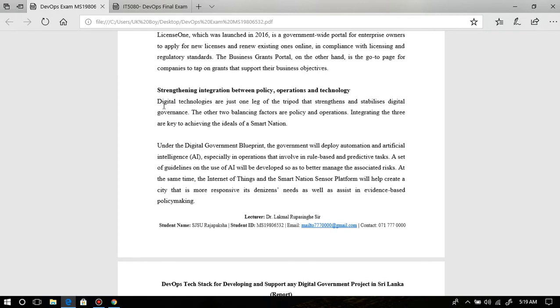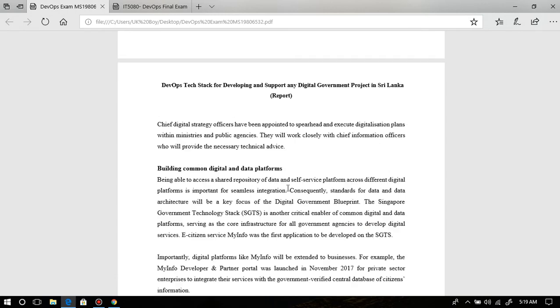Next feature is strengthening integration between policy, operation and technology. We can also use artificial intelligence based technologies for that feature in digital government. As well, there are other features, such as building common digital and data platforms.